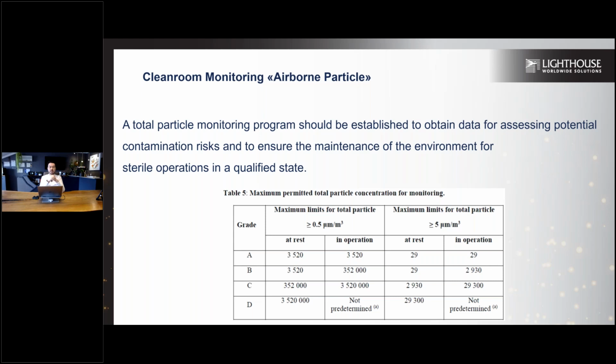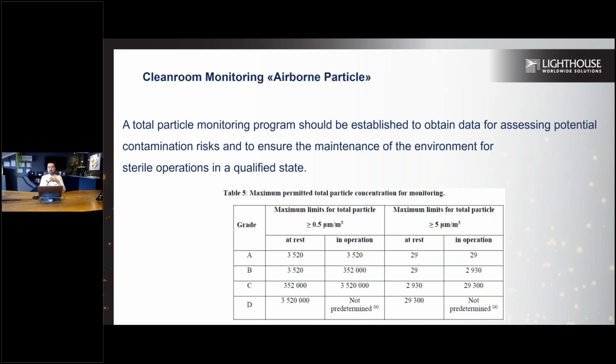This table comes with grade A 0.5 and 5 micron limits. The reason here is, especially for grade A monitoring, 5 micron is a very good indication of early system failures, HVAC system failures, as well as poor cleaning practices, or wear and tear on our process, especially within the machine setup.